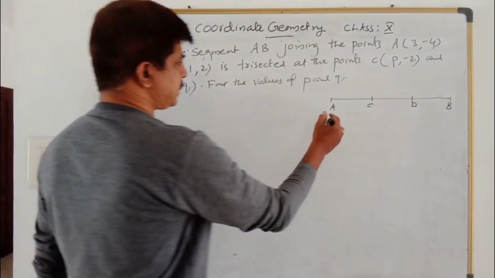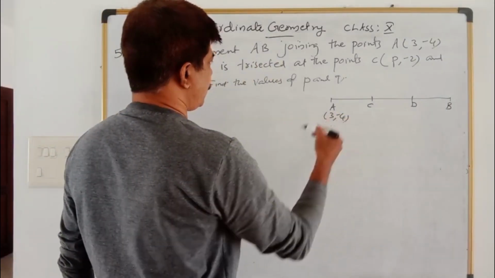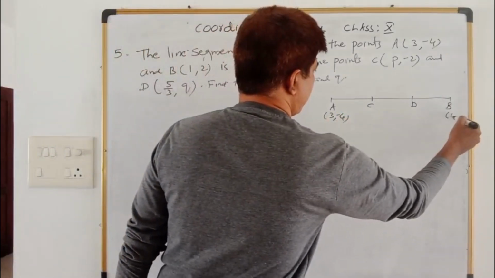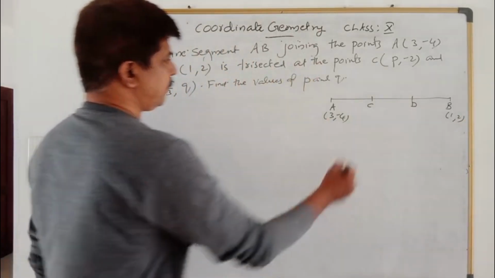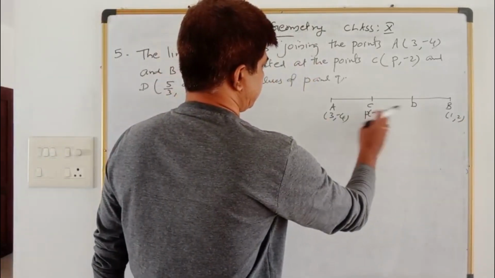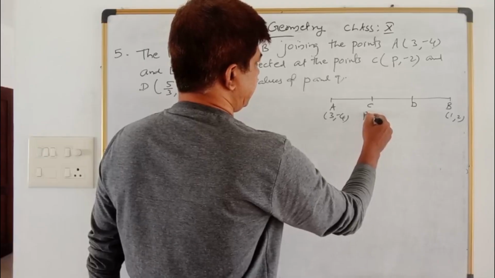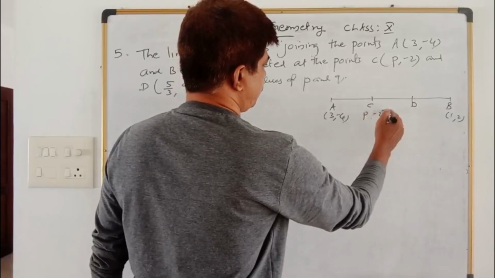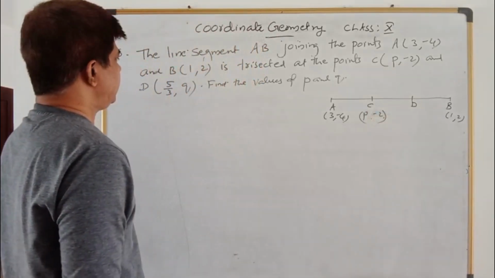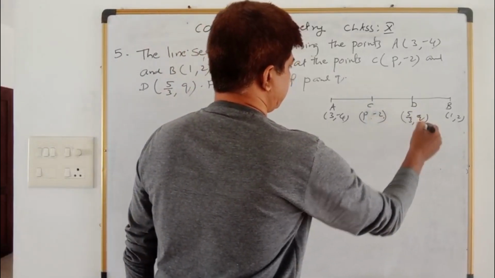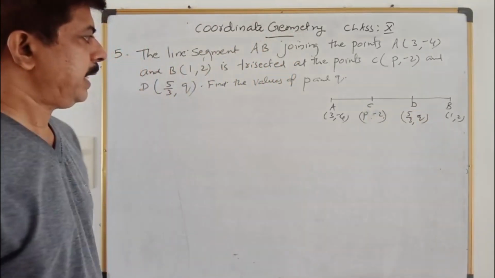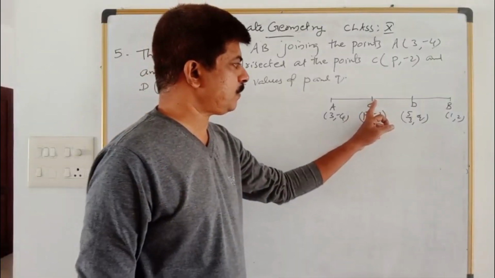A is given (3, -4), B is given (1, 2). The trisecting points C is given (p, -2), D is given (5/3, q).